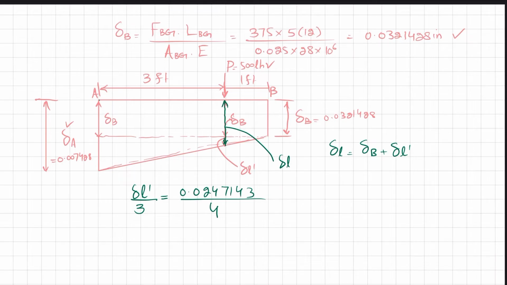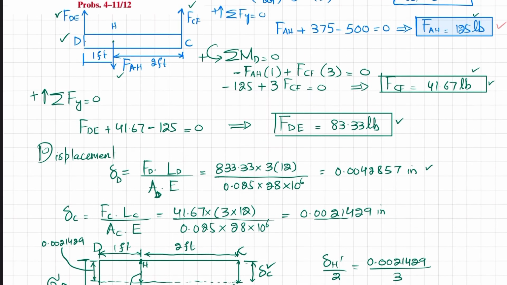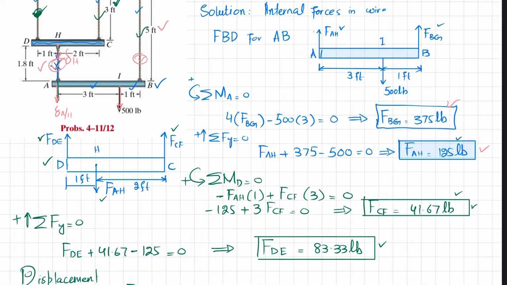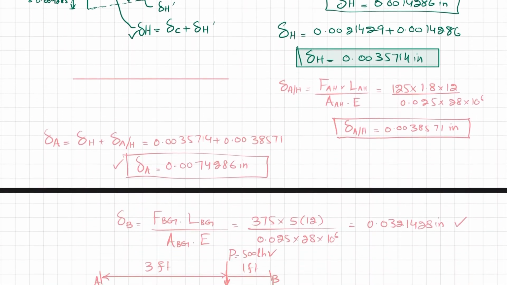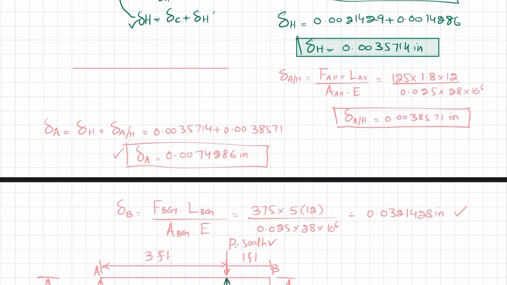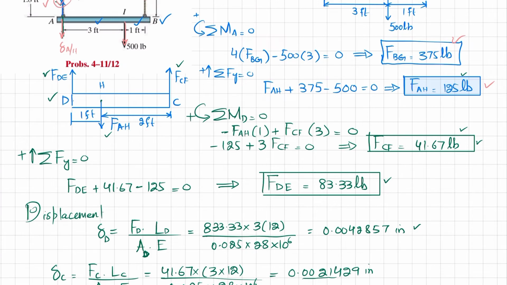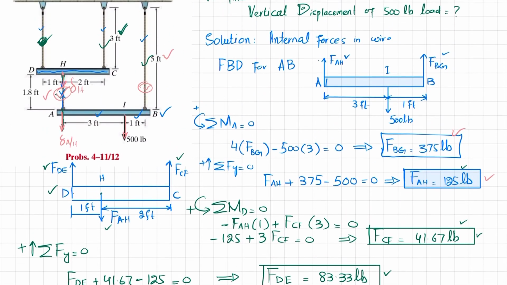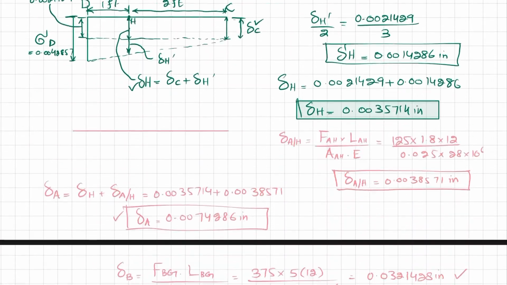So point A is 1 feet, 3 feet. Let me check it. Point A is this one and B is this one due to load. Point A is at a distance of 1 feet from B, and this is 3 feet.